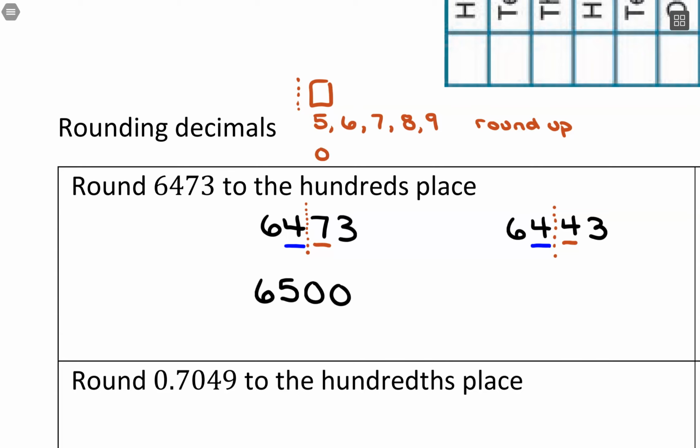So if you see a 0, 1, 2, 3, or 4, we round down. And that can even be a little misleading. It's more that we keep the value that we have. So with that, I would have 6. And then because that value to the right is a 4, we keep our value 4 and everything else turns into zeros.